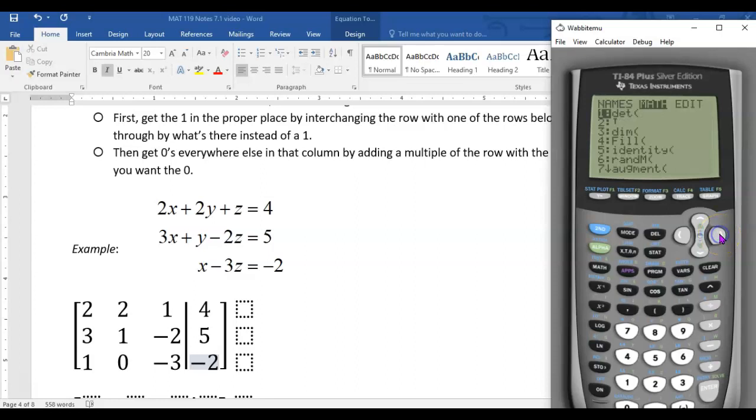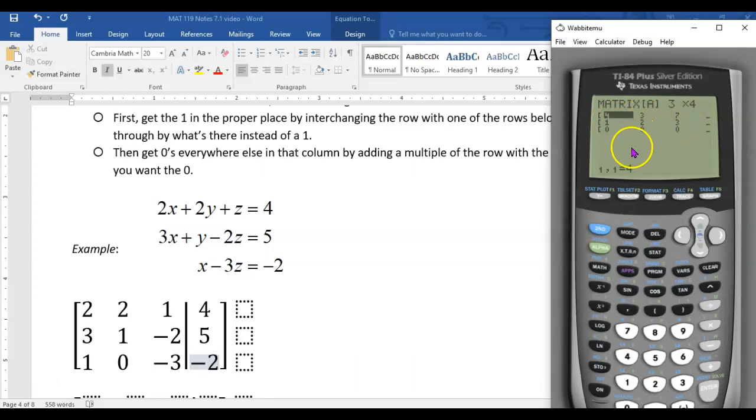Use the arrow button to move over to edit, and then hit enter to edit matrix A. This particular matrix is a 3 by 4 matrix. It's got 3 rows and 4 columns. So put in 3, enter, 4, enter, and now the calculator is set up to let me put in a 3 by 4 matrix.